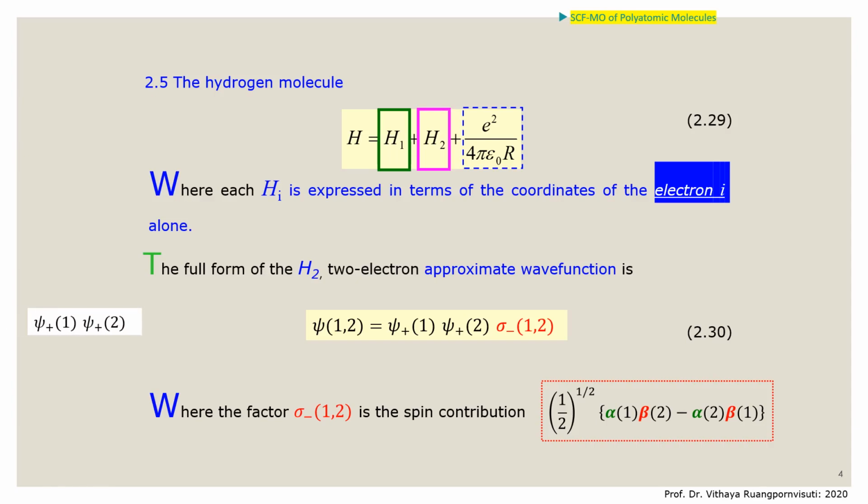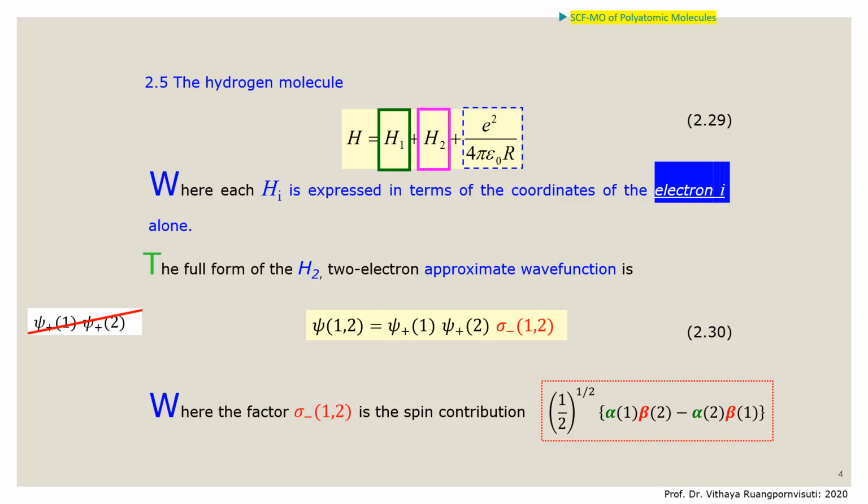Instead of getting the wave function as psi plus of electron 1 times psi plus of electron 2, we use the approximate wave function as shown in equation 2.30.